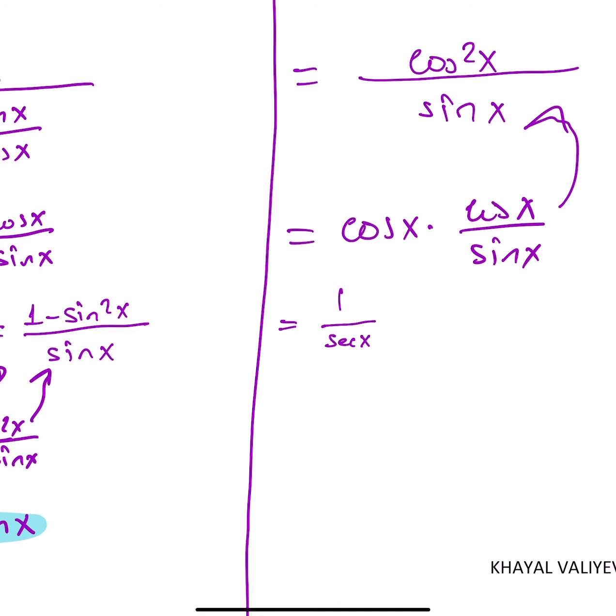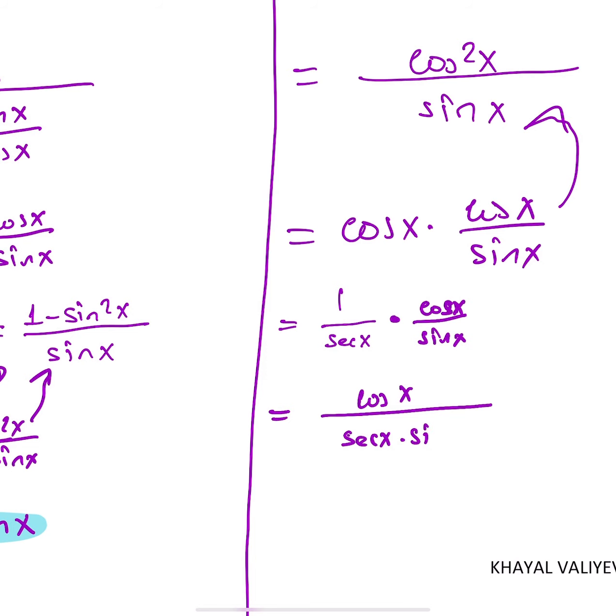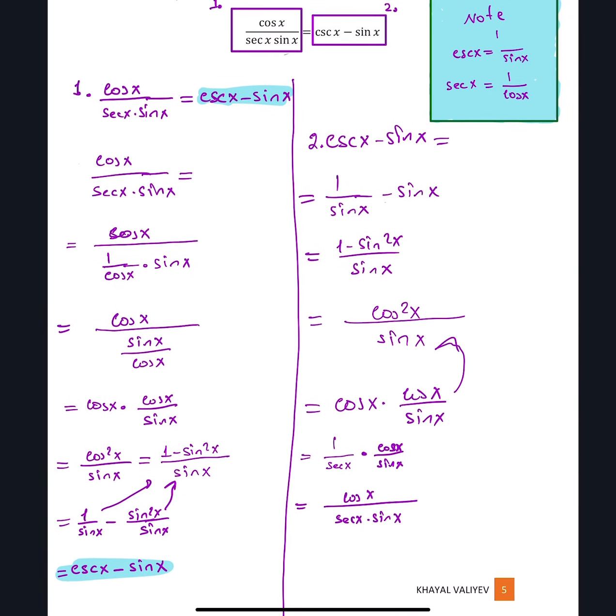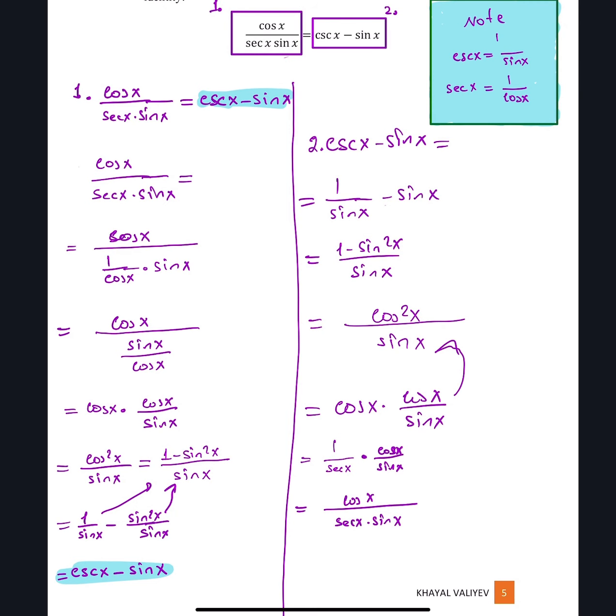They are the reciprocal of each other, multiplied by cosine x divided by sine x. So which is basically equal to cosine x divided by secant x multiplied by sine x, which is the thing we were looking for on the top. That's it. So both ways work.